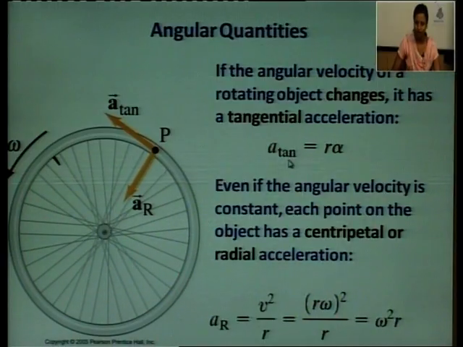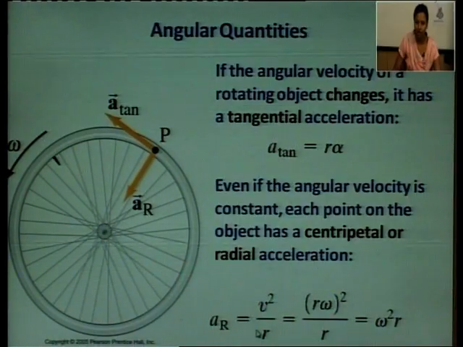Tangential acceleration is the acceleration in linear motion, r is the radius of this circle, and alpha is angular acceleration. So tangential acceleration is r alpha, while the radial is the same as the centripetal acceleration.